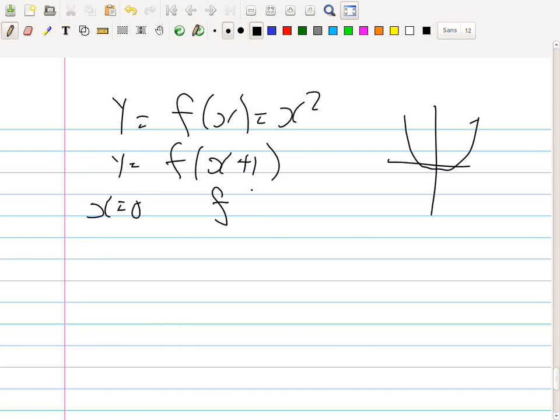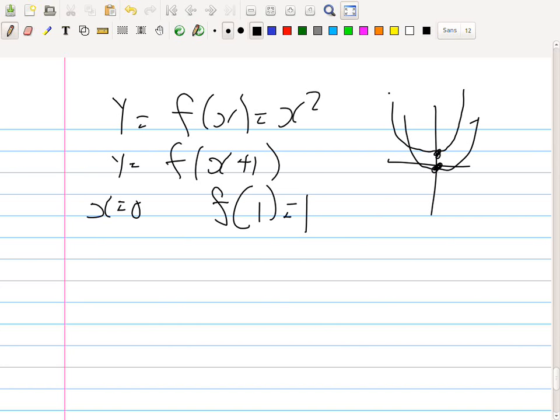I get f of 1, which equals 1. So that means my (0, 0) point has now moved to (0, 1), which is here. And that only happens because it looks like the graph is moved to the left. So my point is, if you pick a graph as an example and put in some of these rules, you will see the result of it moving to the left.